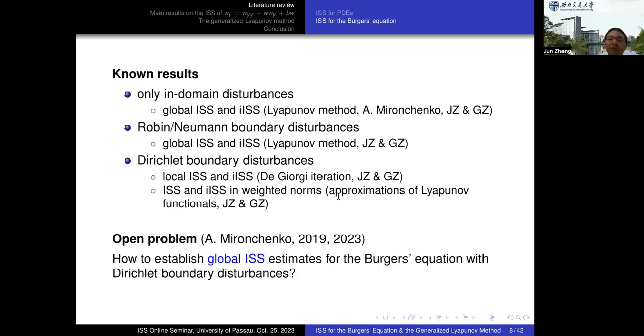Therefore, it is still an open question how to establish global ISS estimates for the Burgers equation with Dirichlet boundary disturbances. This question was proposed several times in the papers of Mironchenko. So today I will show how to establish this global ISS for the Burgers equation.